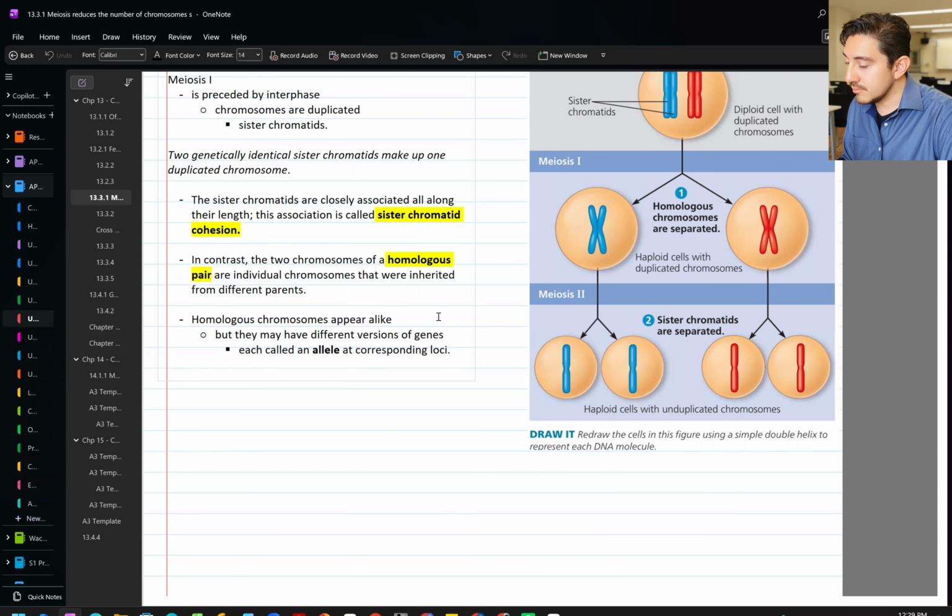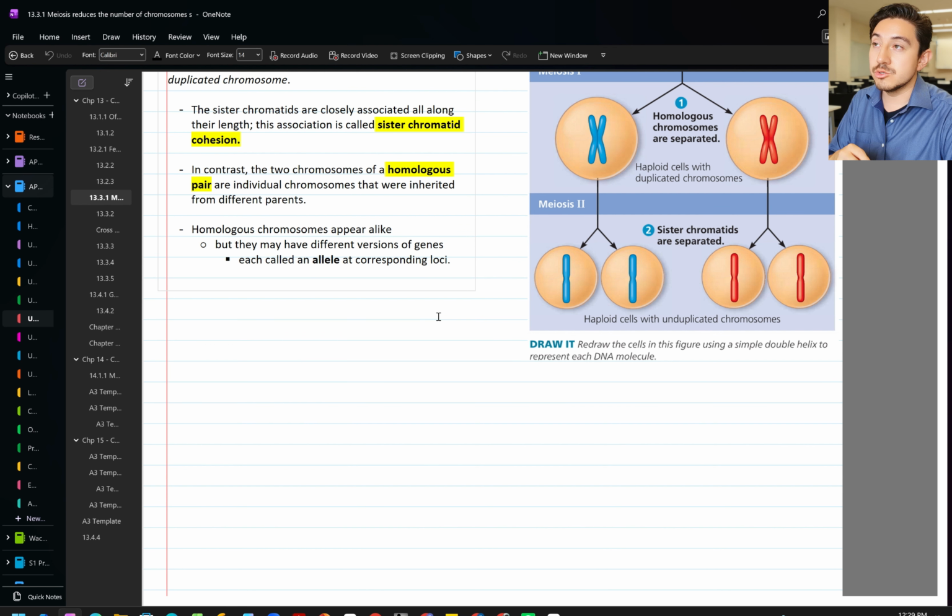As I mentioned before, when we talked about mitosis, sister chromatids are essentially, I don't want to say melded together, but they're stuck together by cohesion proteins. And then you have the homologous chromosomes. This is a new concept. Remember, I've talked about how humans have 46 chromosomes, but these 46 chromosomes can be further analyzed as 23 pairs, since we get 23 from the father and 23 from the mother.